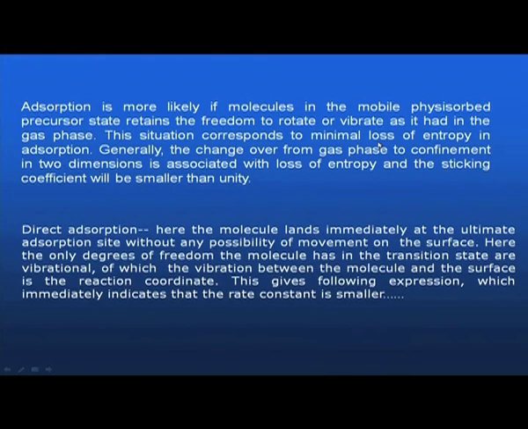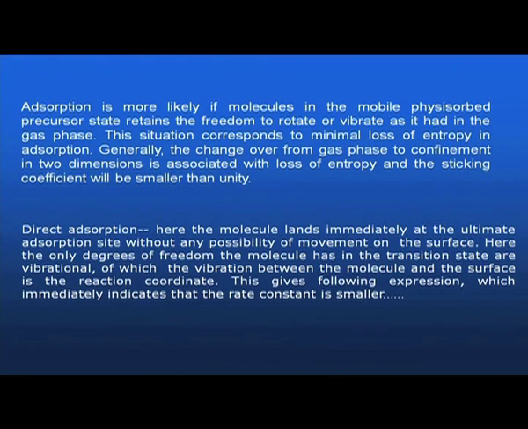That is why there is a minimal loss of entropy while the gas molecules are adsorbed, and why your sticking coefficient, S0T, is close to unity. So, this happens in the case of indirect adsorption.